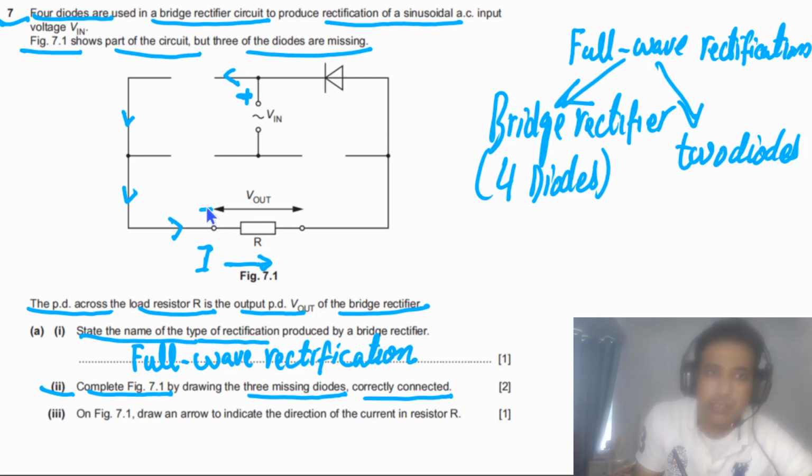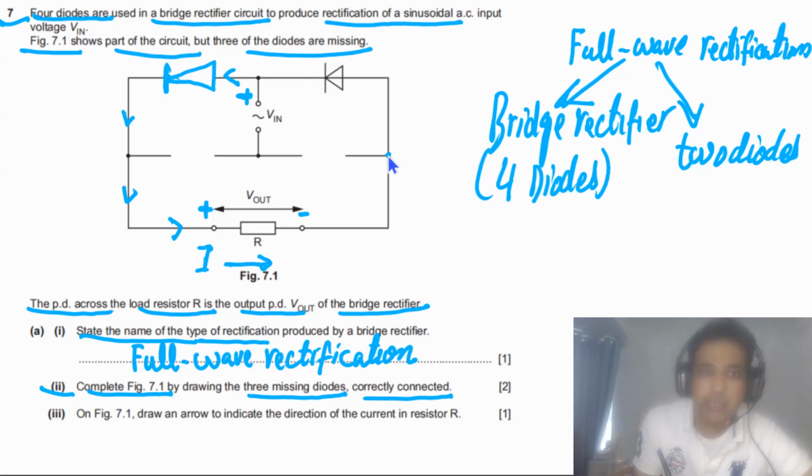So it means this side has to be positive, means current has to enter from this side all the time, and this side of the resistor is negative. So if this is positive, current cannot go this way because this is connected in reverse direction. So here we will have one diode, and it has to be in the forward direction. So this is how you can draw.